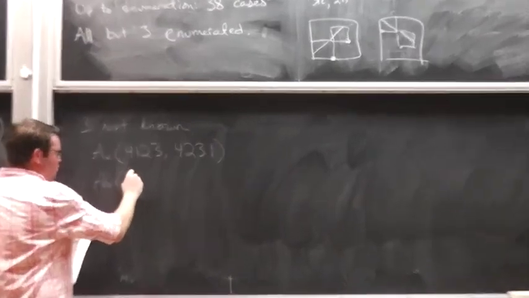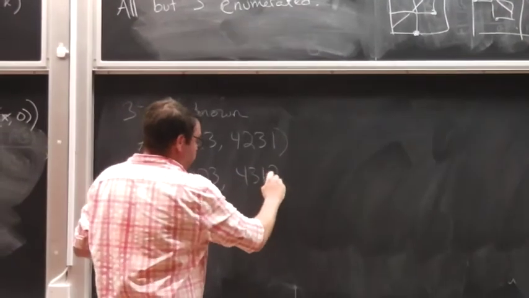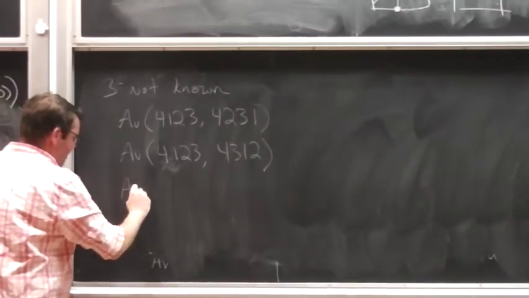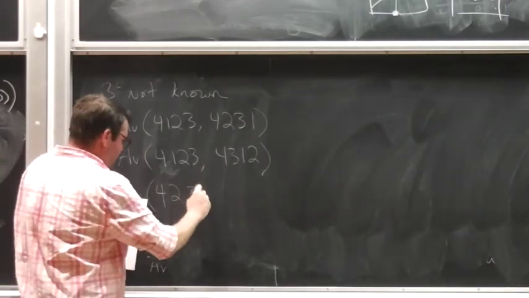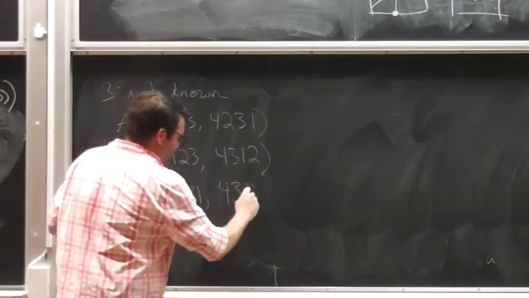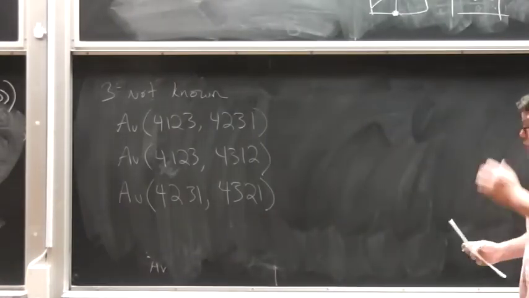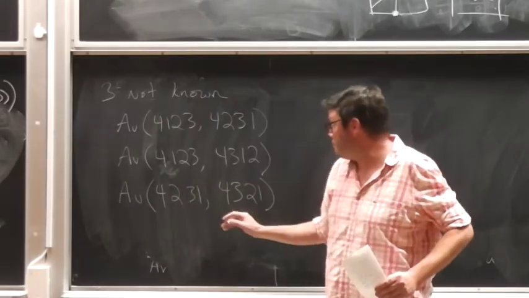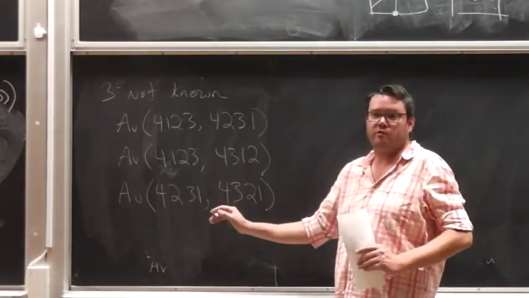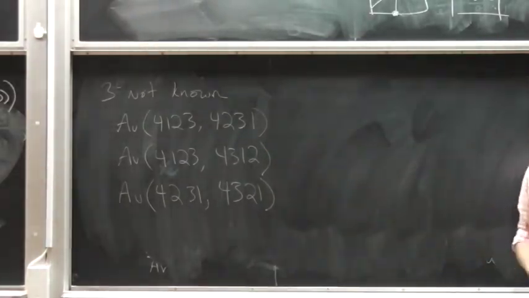Avoid 4, 1, 2, 3 and 4, 3, 1, 2. And avoid 4, 2, 3, 1. You'll notice that all 3 of these start, all the elements we're avoiding start with their largest entries. So these all come from restricted container machines.